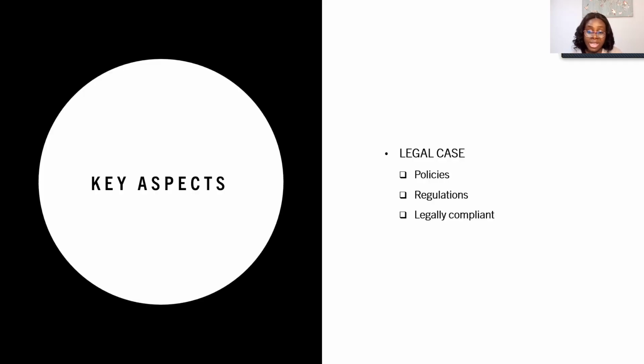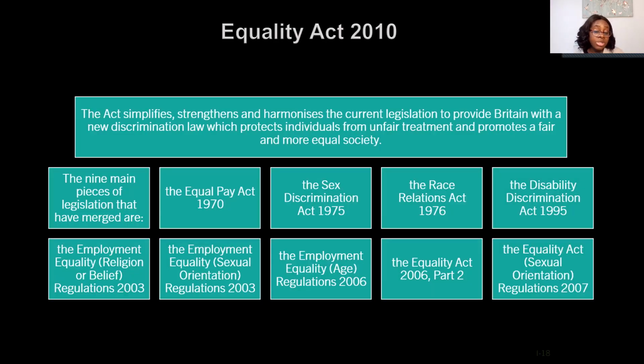We'll look at the legal case and what this entails, how this covers policies, regulations, and what are some of the rationales behind the legal case. We can also use the institutional theory to explain the legal case, as well as a framework like the Equality Act 2010.